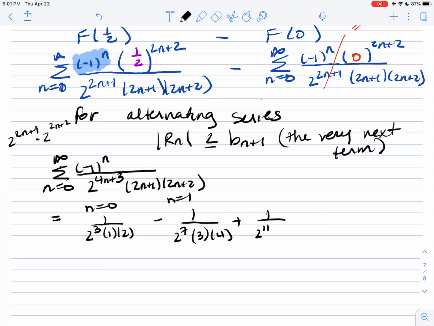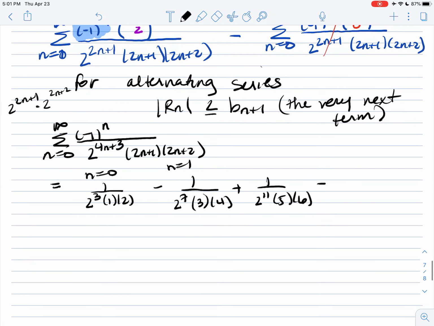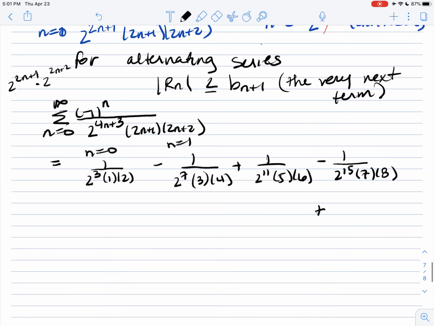I'm going to get plus 1 over 2 to the 11th times 5 times 6. I'm going to get minus 1 over 2 to the 15th times 7 times 8. And I'm going to get plus 1 over 2 to the 19th times 9 times 10.